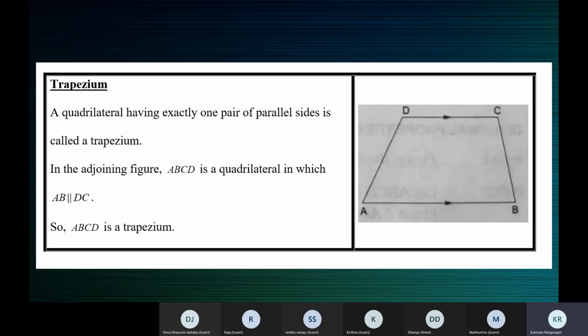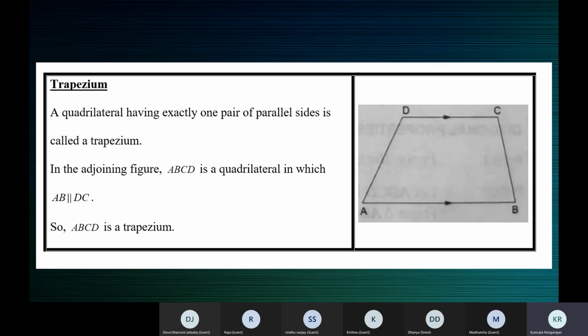That is the difference. If both the pairs of opposite sides are parallel, it's a parallelogram. If only one pair of opposite sides is parallel, it's a trapezium. That's the big difference between a trapezium and a parallelogram. Trapezium: only one pair of opposite sides parallel, the other pair non-parallel.